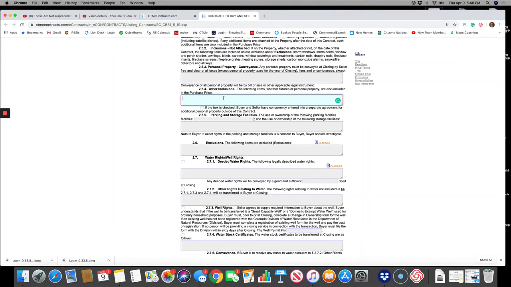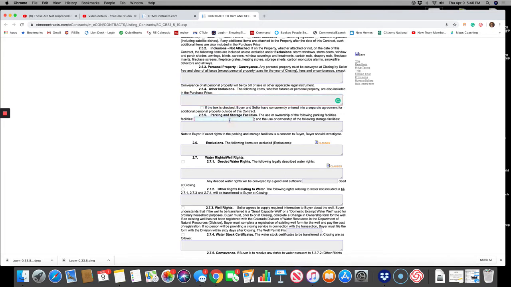I had to learn the hard way that the seller had the right to take that garbage disposal out of the plumbing fitting, and honestly did not have to hook back up that sink. So be diligent. Make sure you understand where and what to put into your inclusions, exclusions.